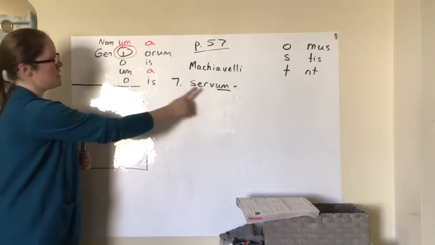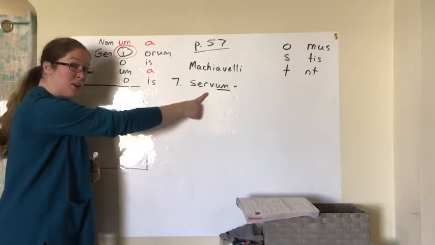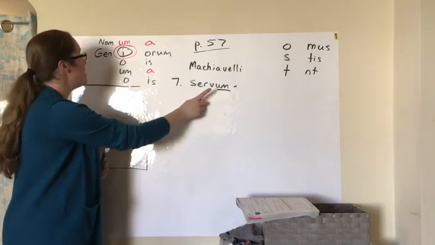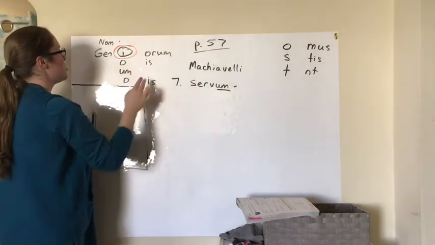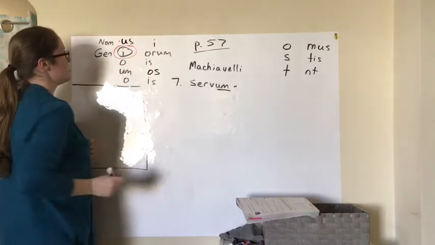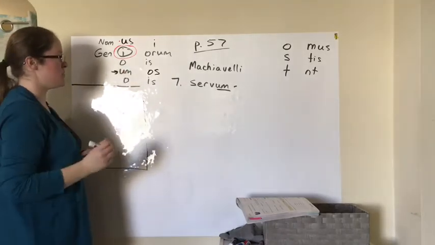Now this is the neuter. Is this a masculine or a neuter noun? Hint, the only neuter nouns you know so far are the ones from this chapter. So yes, it is a masculine noun. Masculine nouns, we would go back to us, e, and os. So where is it? It is our accusative singular.